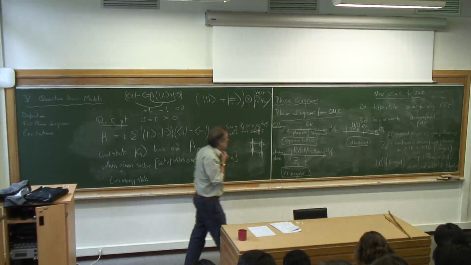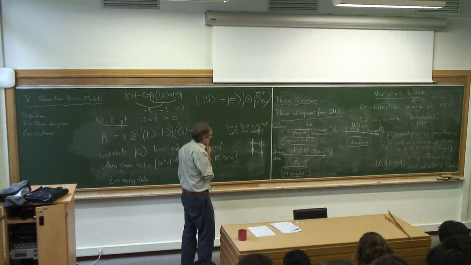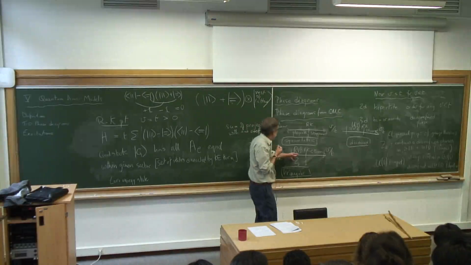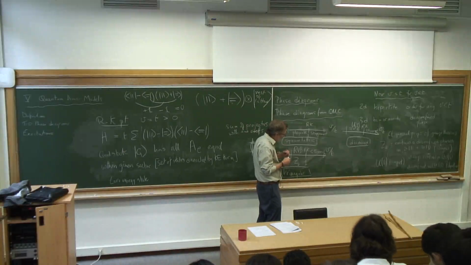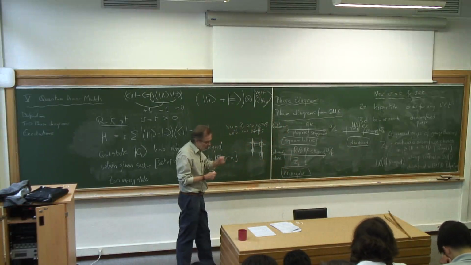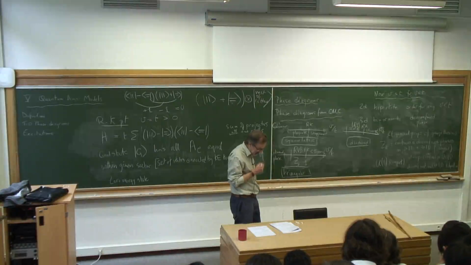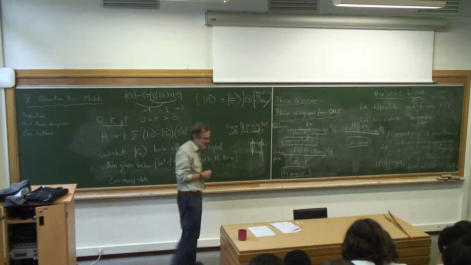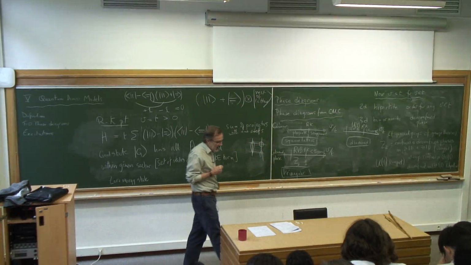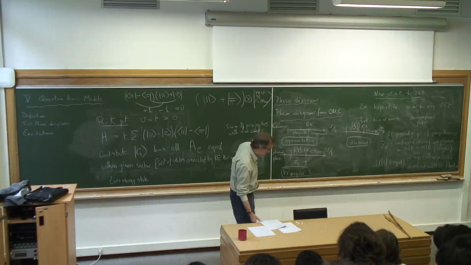So one simple point to make is that in the RVB phase, if we create a pair of monomers and hop one of them around the circumference of a system on a torus, then that will get us between different sectors of the theory.